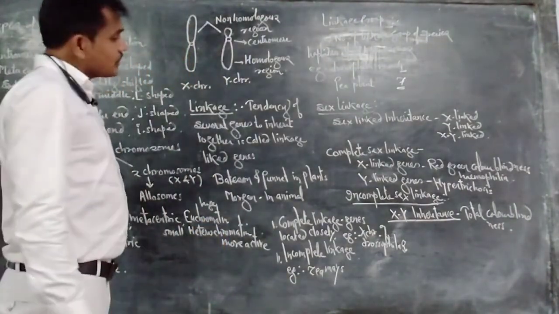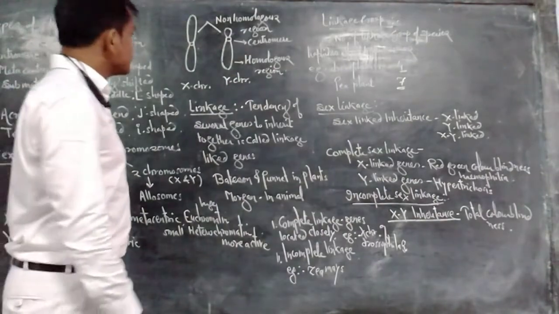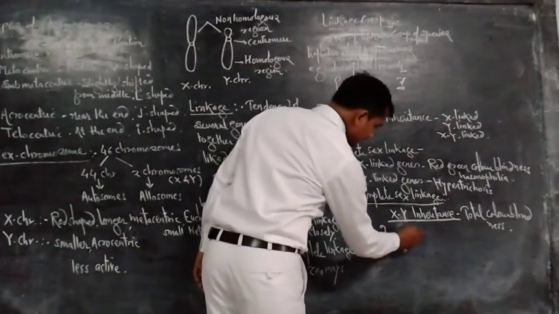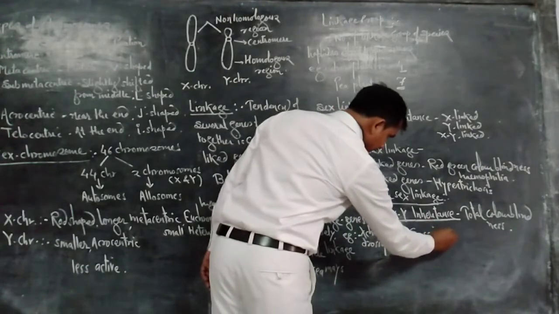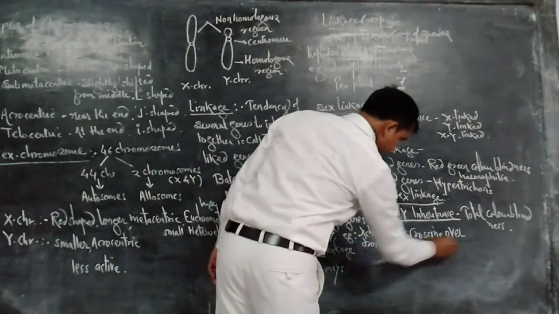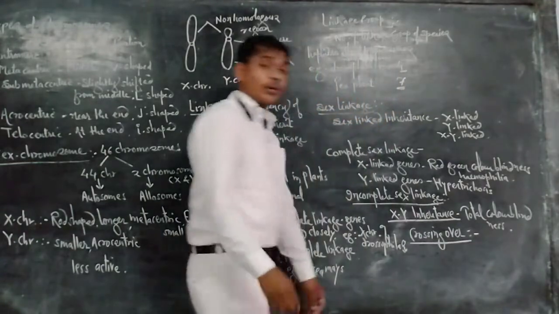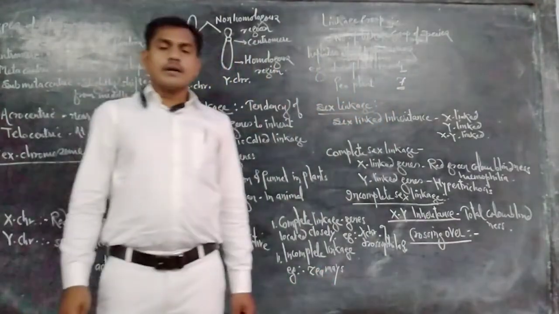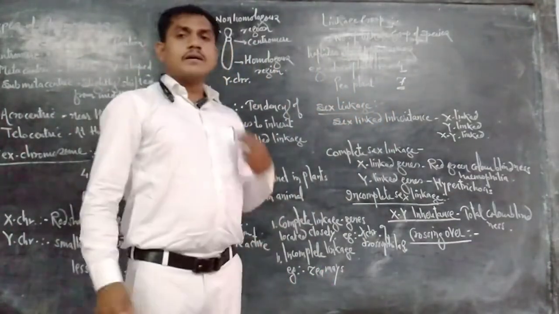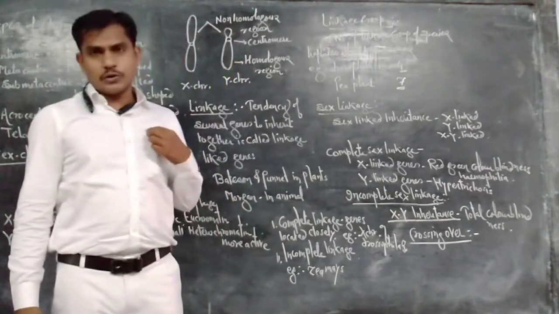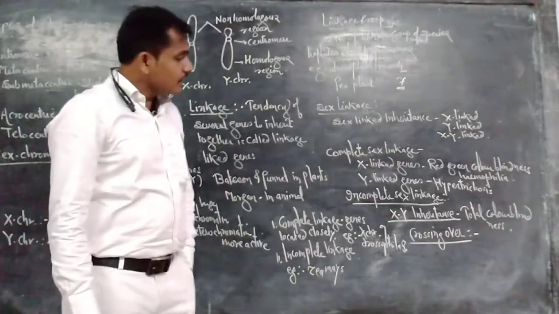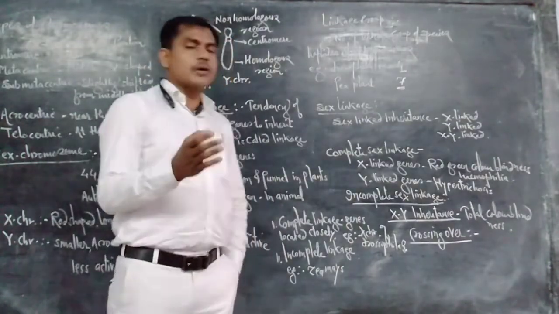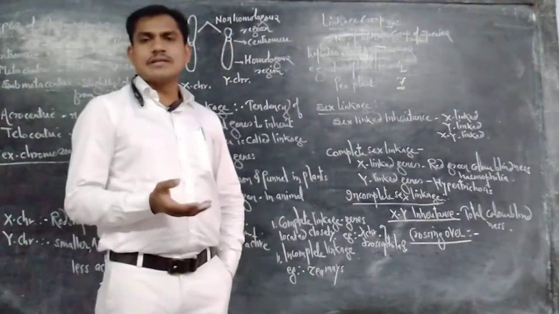Next topic is crossing over. Now see what crossing over is. Crossing over occurs in the meiosis process, which is the reduction cell division.